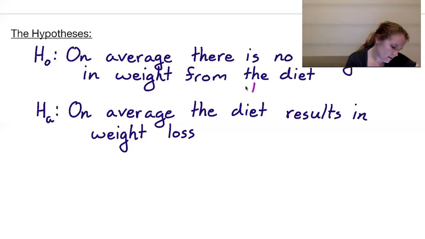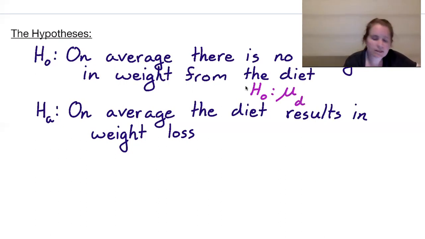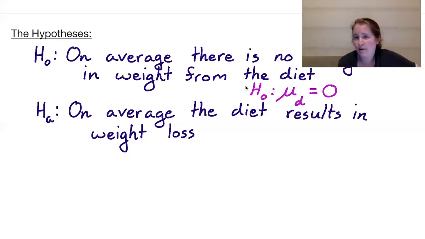So our null hypothesis here is that the mean difference, so I'm going to write mu sub d for the average difference, is equal to 0. There's no change, there's not a positive gain or a negative loss.